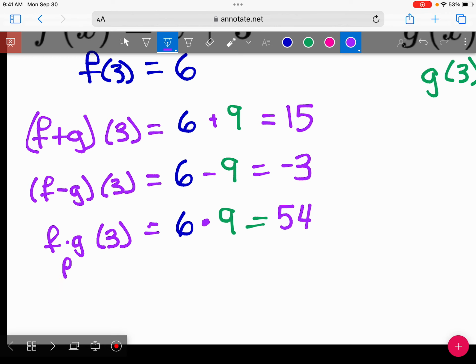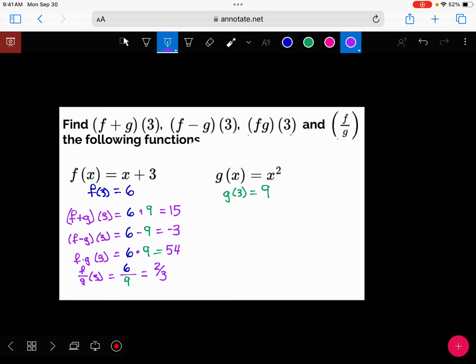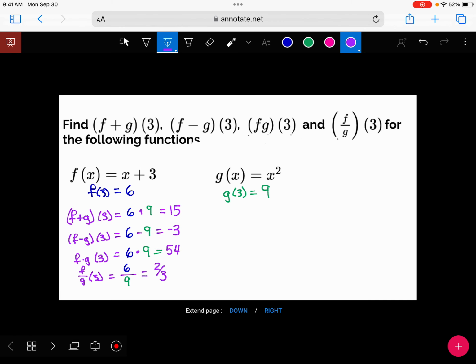And then our f divided by g of 3, 6 divided by 9. 2/3. Okay, so evaluating them at numbers is very, very straightforward as long as we understand what's happening. Okay? So questions on this part.